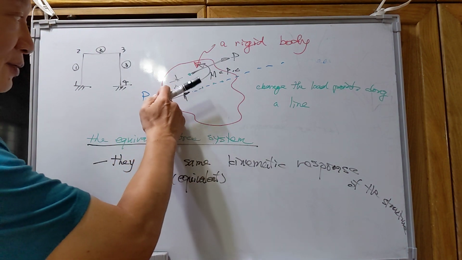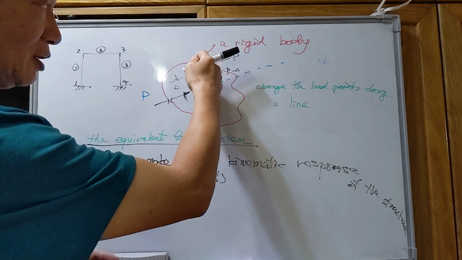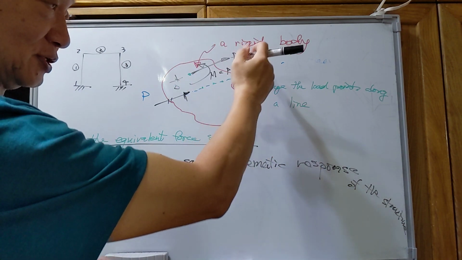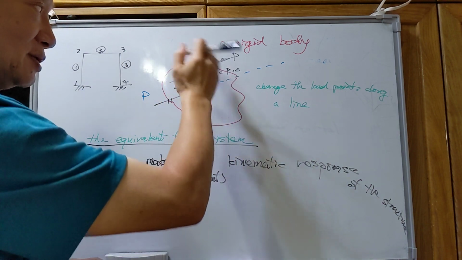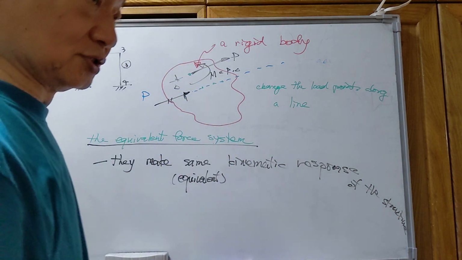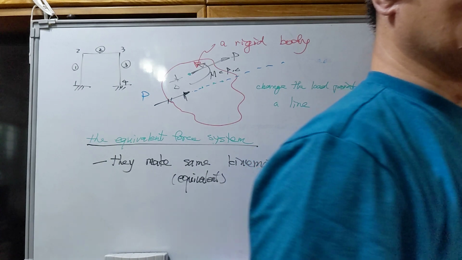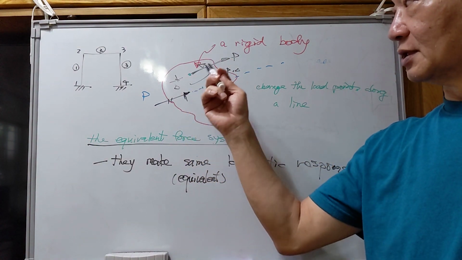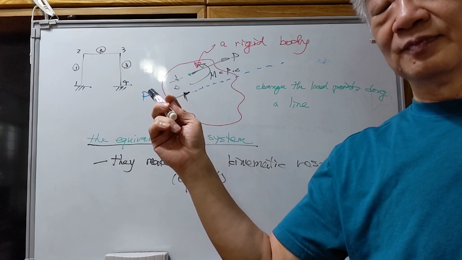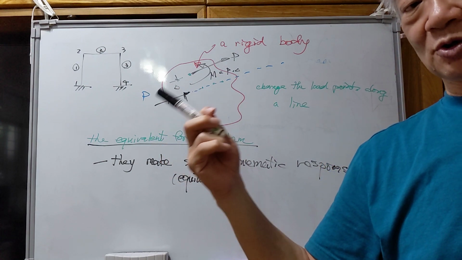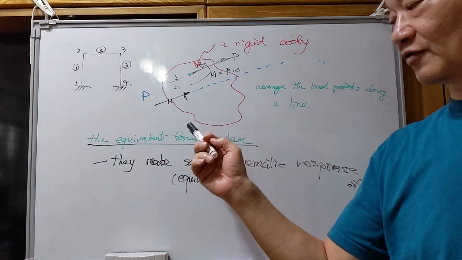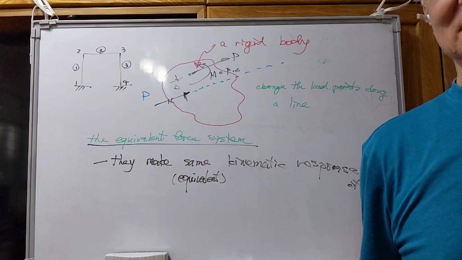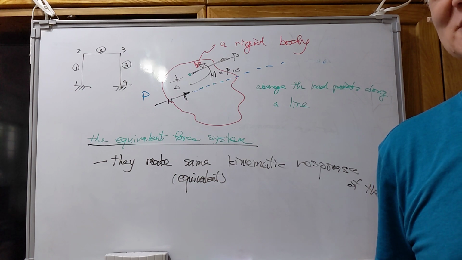It will be the same magnitude of the applied loading along the same direction, plus one bending moment, which is equal to P times delta. And this one, P plus the bending moment M, is also a set of equivalent force system. So you will get the same kinematic response.